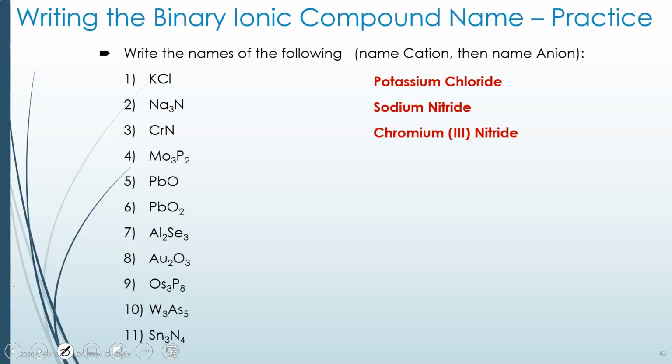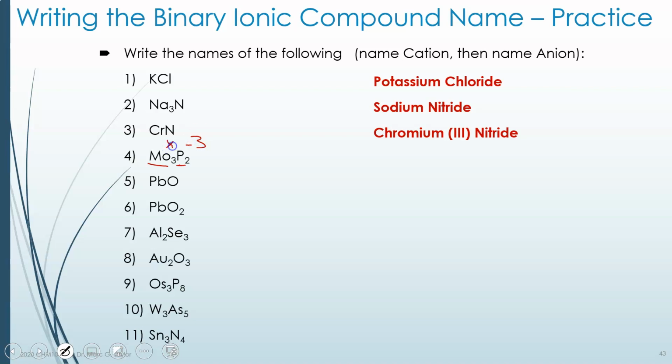If we look at the next one, we know the name is molybdenum something phosphide. I know that's a hard one for people to pronounce. Molybdenum. And the phosphorus is a phosphide. So we know molybdenum is the first word. We know phosphide is the last word. And we need a Roman numeral because molybdenum has many choices. So we know phosphide is always -3.